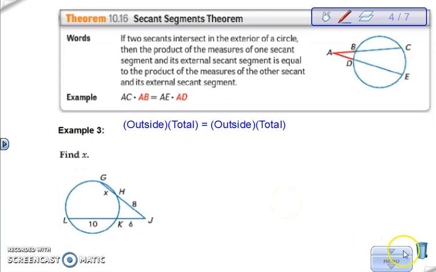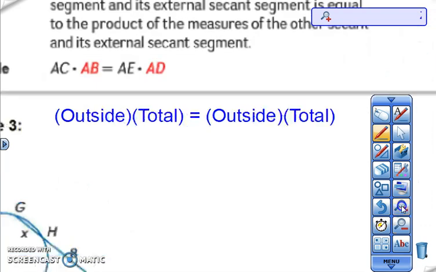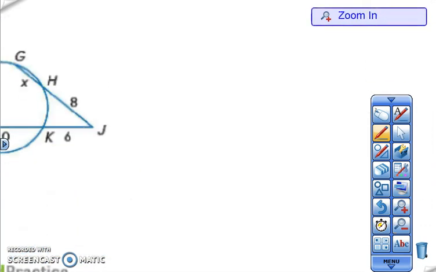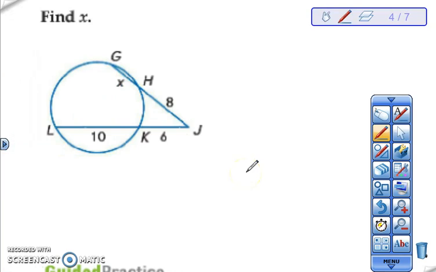Alright, so let's see what that looks like in an example. So we look at our circle, and we see that the two secant lines intersect at point J. So for the first section, the outside portion is 8, and the total length is x plus 8.